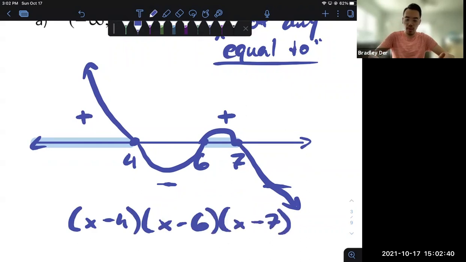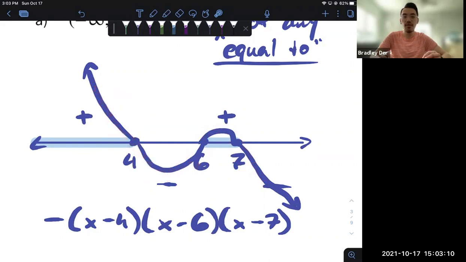End behavior looks good because this would be cubic. It would have a degree of 3. So odd degree, opposite tails, looks good. But we will need a negative lead coefficient. So this would currently have a positive lead coefficient. Let's introduce a negative a value so that overall we have that negative lead coefficient. This polynomial in factored form, I think, pretty well represents the curve that we have.